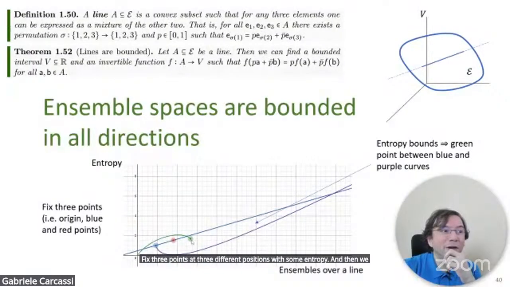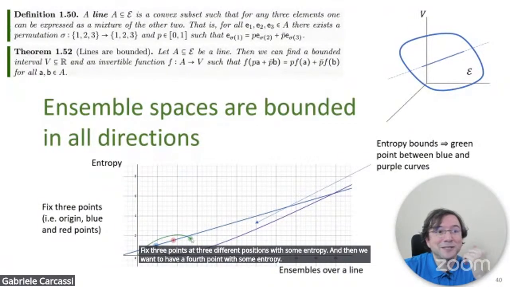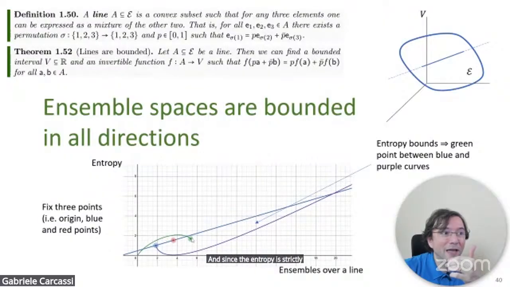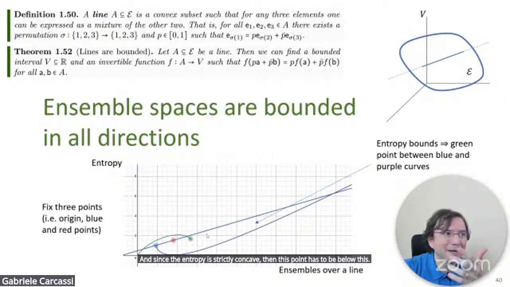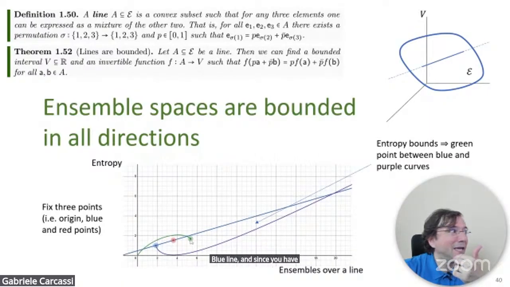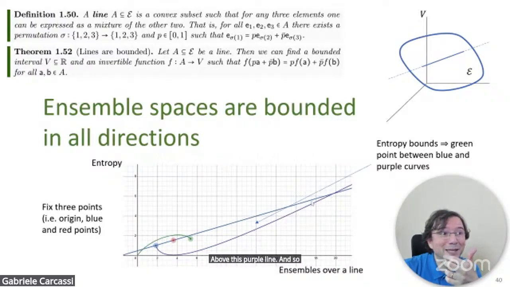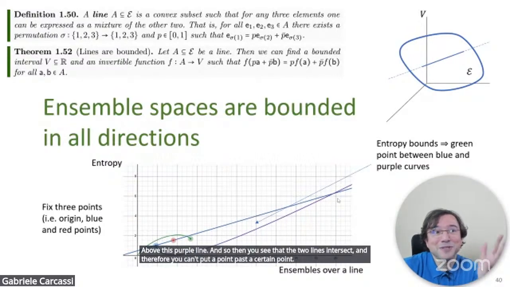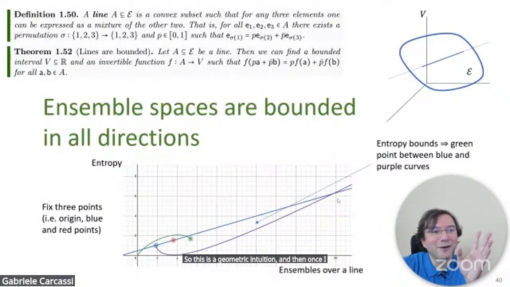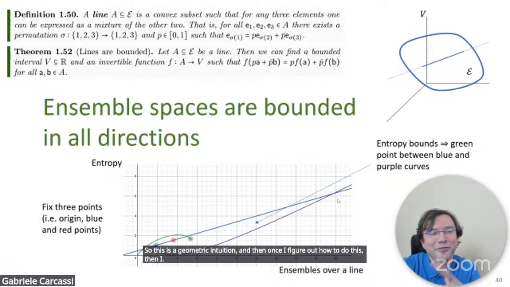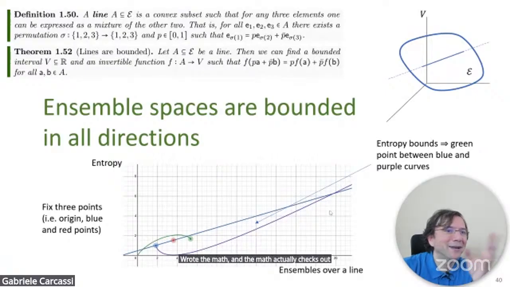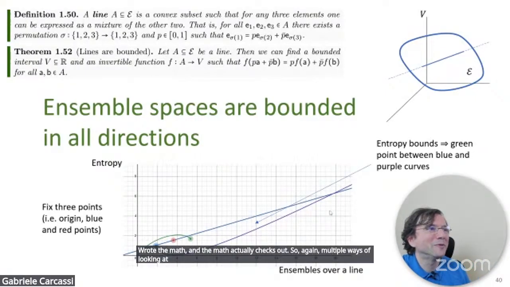And then we want to have a 4th point with some entropy. Since the entropy is strictly concave, this point has to be below this blue line. And since you have an upper bound, then this point has to be above this purple line. And so you see that the 2 lines intersect, and therefore you can't put a point past a certain point. So this is a geometrical intuition. And then once I figured out how to do this, I wrote the math, and the math actually checks out. So again, multiple ways of looking at the problem always helps.